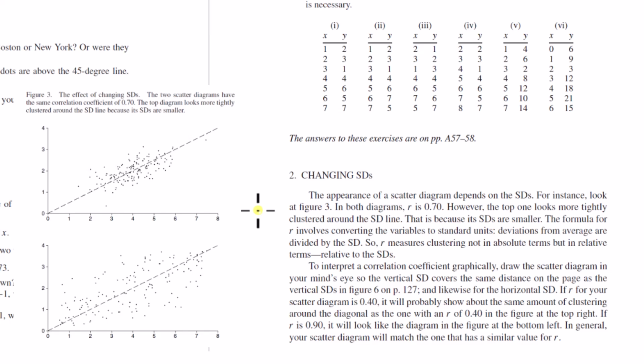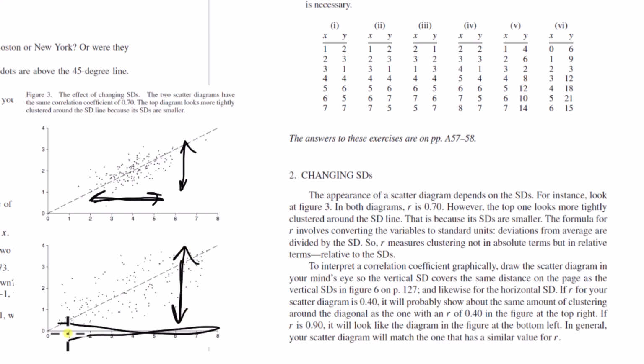If you go back through Chapter 8, in the beginning of this chapter, you'll see that's always the case, as opposed to here. What's going on here is that, look at the spread of this data in the Y direction and the X direction, and compare that to the spread here in the Y direction and the X direction. These spreads are different. In general, this is a larger overall spread.